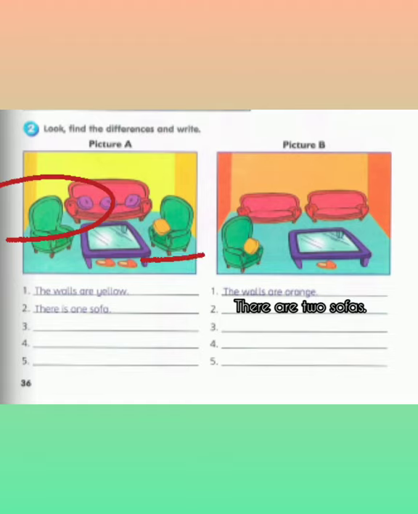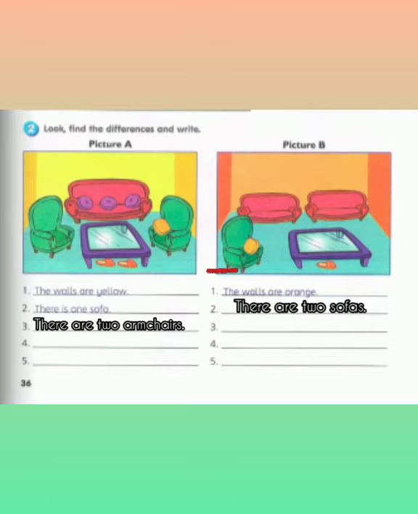So, write down at number 3 in picture A. There are 2 armchairs. Ada 2 armchairs. Okay, in picture B, how many armchairs there? There is 1 armchair. Okay, write it down in picture B.